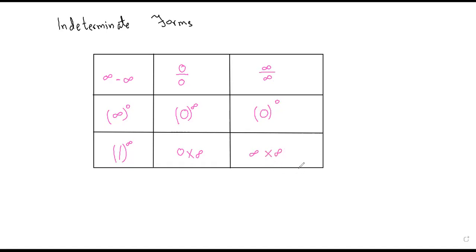Okay, now we have discussed a few indeterminate forms, and these are basically all the forms which we will be talking about mainly. But yes, let's talk about an example just so things get more clear.